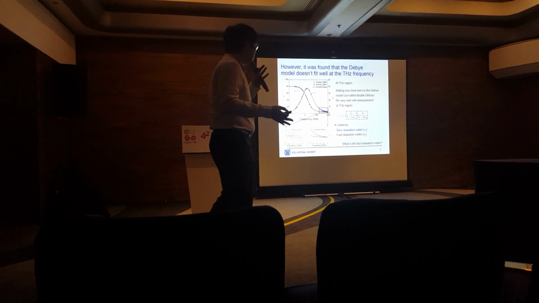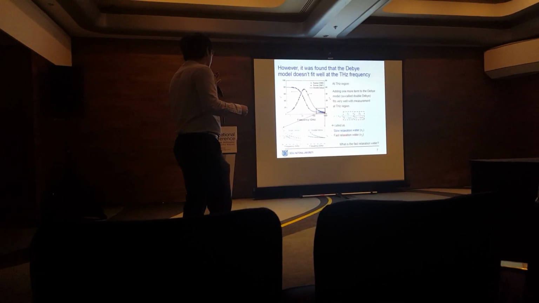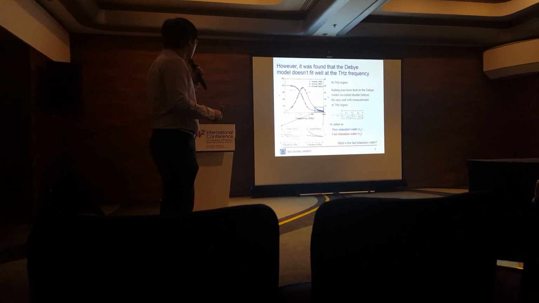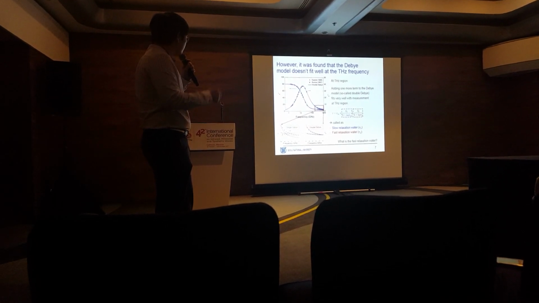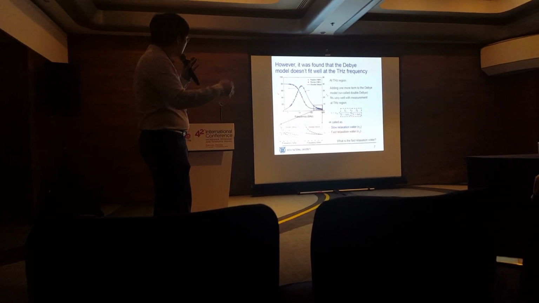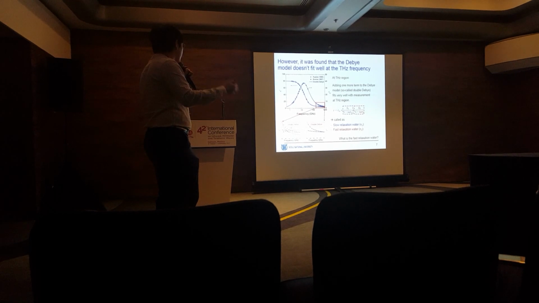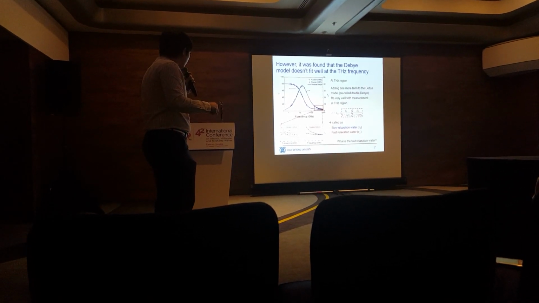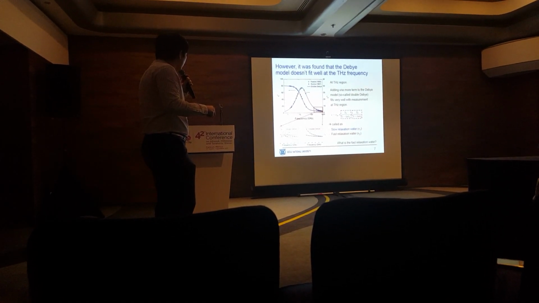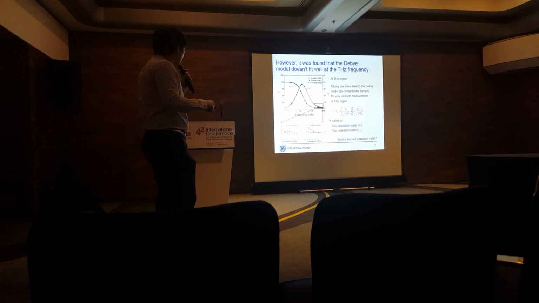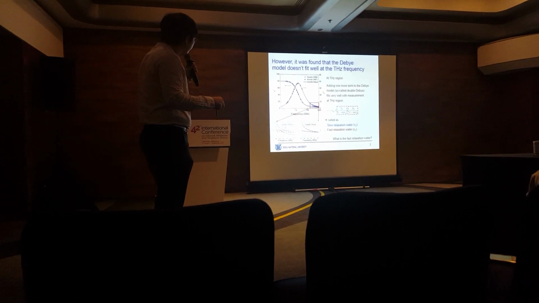However, it was found that the Debye model doesn't fit well at terahertz frequency. As you can see here, there is a small deviation between the model and the experimental result.